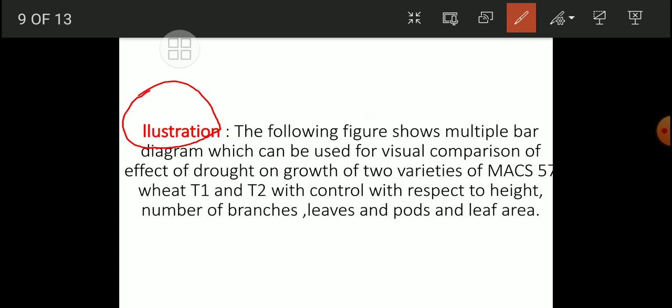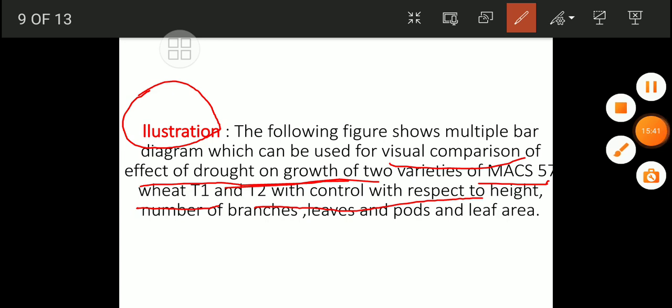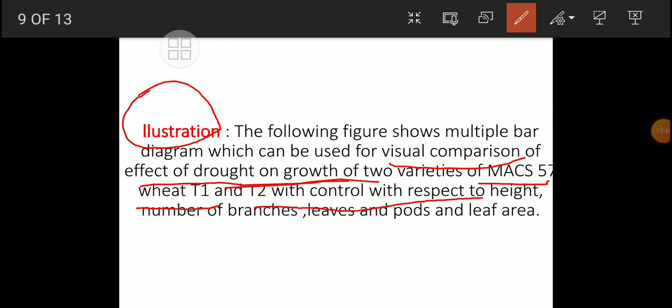The following figure shows multiple bar diagrams which can be used to visualize comparison of effect of drought on growth of two varieties of MSCS 57 wheat, T1 and T2, with control. So there is a comparison in respect to height, number of branches, leaves, pods and leaf area.